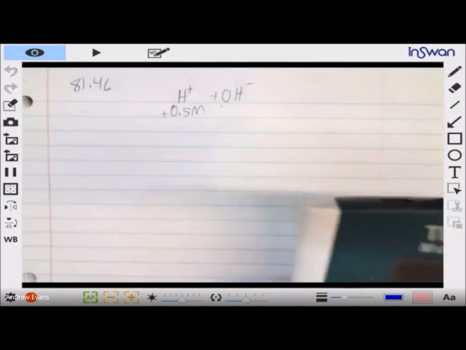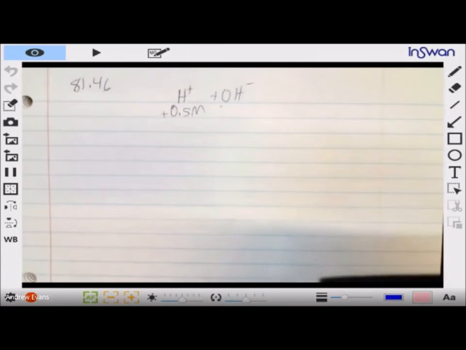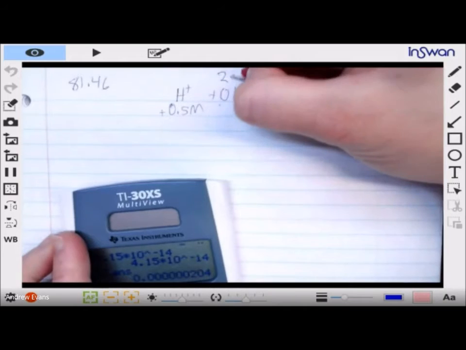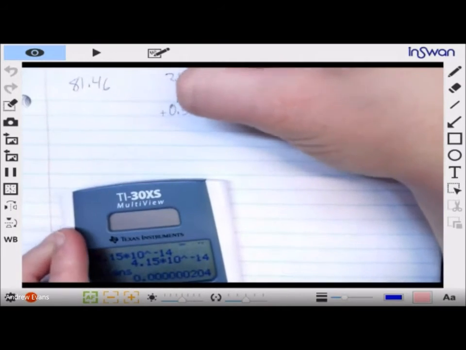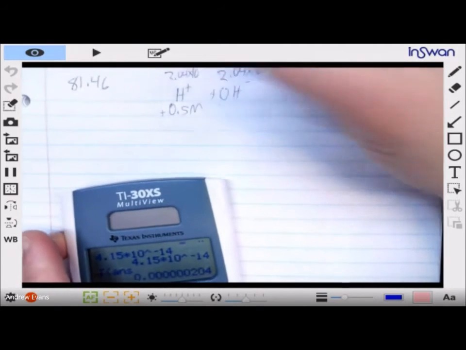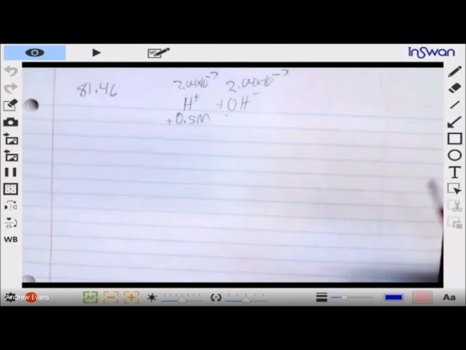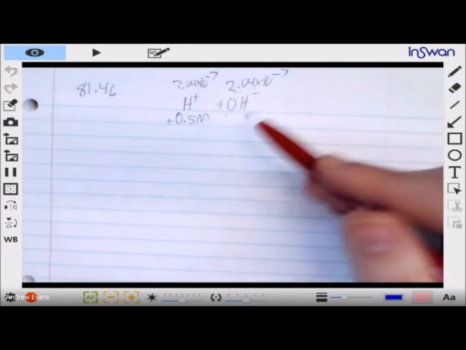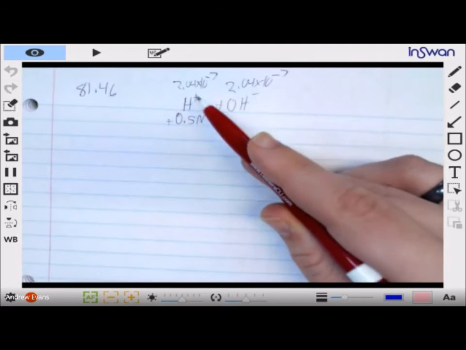Now, typically, with 4.15 times 10 to the negative 14th, we should have 2.04 times 10 to the negative 7th of both, if we split it up evenly like we would with most acids. But in this case, if I add some acid, the first thing that's going to happen before the pH adjusts is the concentration of H plus would shoot up.